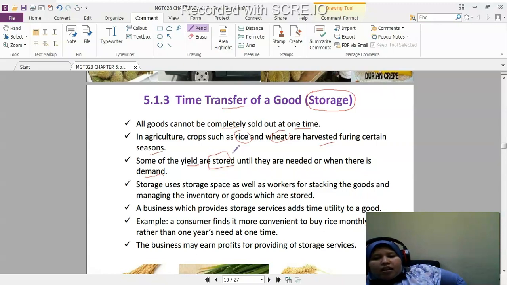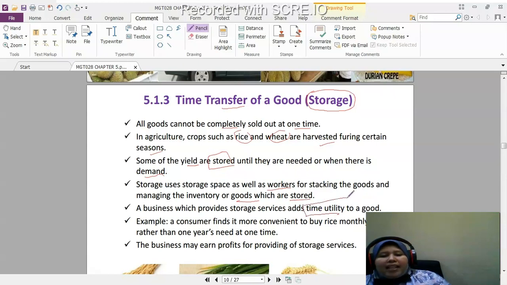Storage uses space as well as workers. Okay, so kita kena ada orang yang menjaga gudang, betul tak? For stacking the goods and managing the inventory or goods which are stored. Takkanlah kita nak biarkan barang tu dalam gudang tanpa dikawal ataupun dipantau. Okay, so a business which provides storage service adds time utility to a good.